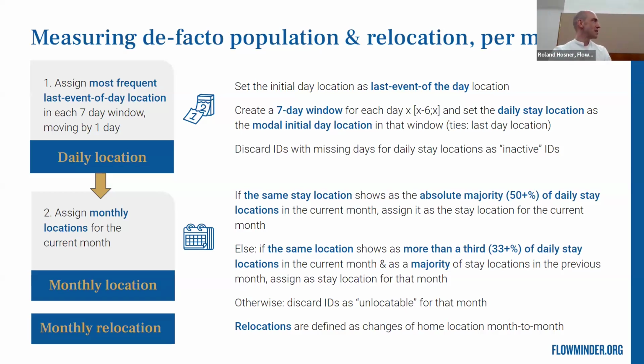If 50% is not a dominant majority, then we look back 1 month and use that home location in combination with the current month, at 33%, and otherwise we discard IDs as unlocatable for that month. That then becomes the monthly location that we measure, and monthly relocations are simply defined as a change of this home location from one month to the next.